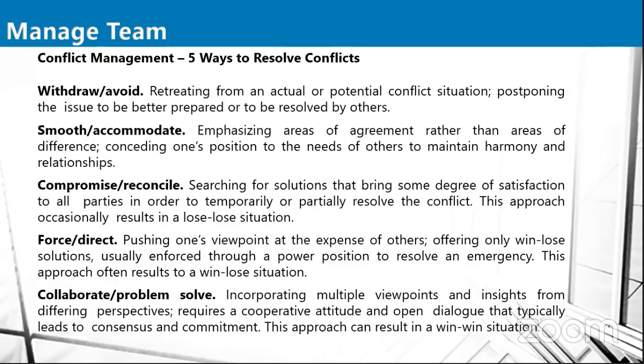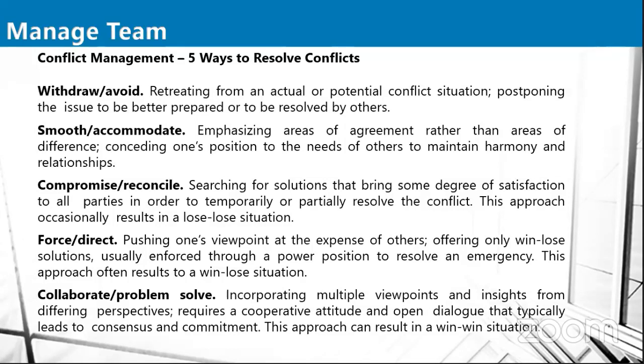That's an approach that someone may want to use. Okay, let's avoid these issues. Yeah, we have personal issues. Let's avoid those issues for now. I will resolve these issues later. You may choose to resolve it that way, which may not really be advisable. Then you have smooth or accommodating. It has to do with emphasizing the areas of agreement rather than the areas of difference.